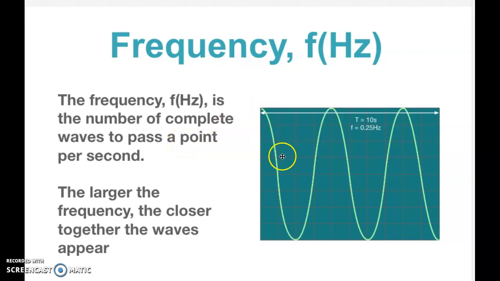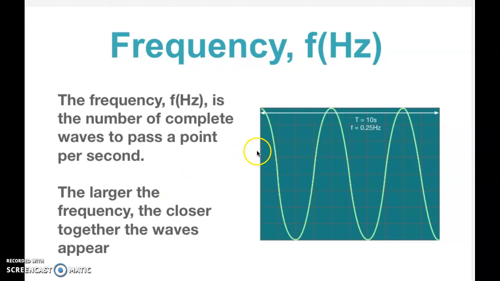So here you can see if this is a photo that's taken at t equals 10 seconds, then you can see there is 1 wavelength, 2 wavelengths, and a quarter. 2 and a quarter wavelengths. Frequency, by definition, is the number of complete waves to pass a point per second.